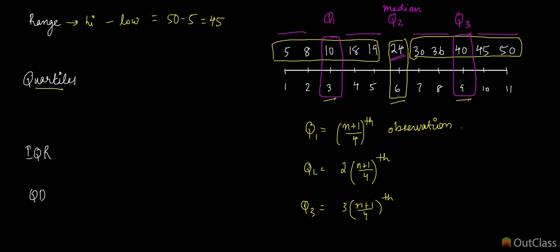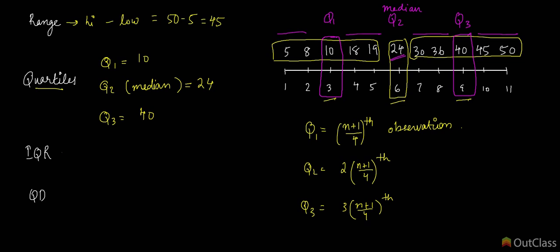So Q1 here would be equal to 10 in this example. Q2 is nothing but the median, and it is equal to 24, and Q3 is equal to 40. Those are your quartiles.